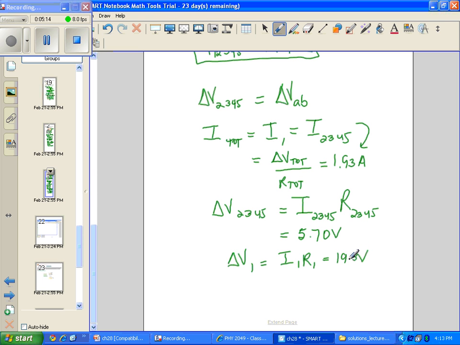Does this agree with a total voltage of 25 volts? In fact, it does. Since R1 and R2345 are in series with each other, it should be true that V1 plus V2345 equals 25 volts, which indeed it does.